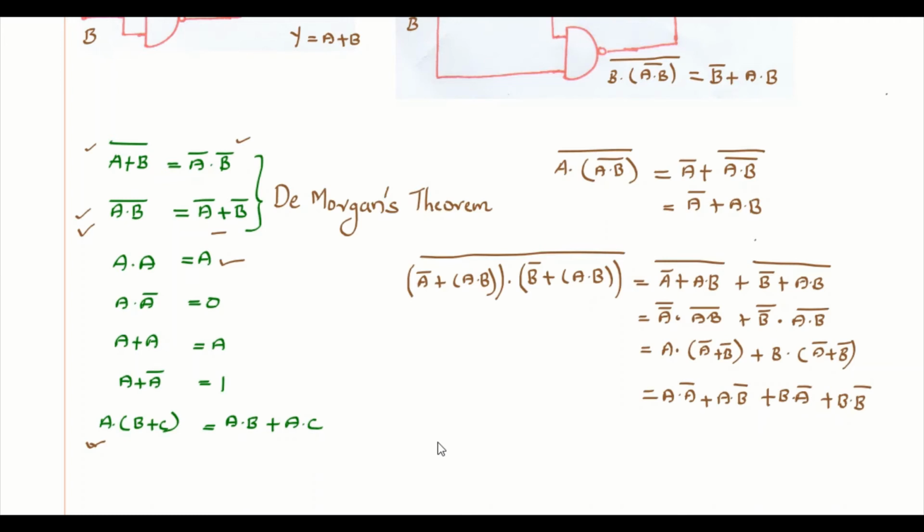Similarly, B dot B complement is also 0. So the equation reduces to 0 plus A B complement plus B A complement. This is nothing but A B complement plus B A complement. This is A XOR B. This is how the exclusive OR is realized using NAND gates.